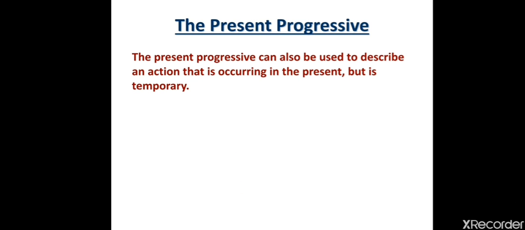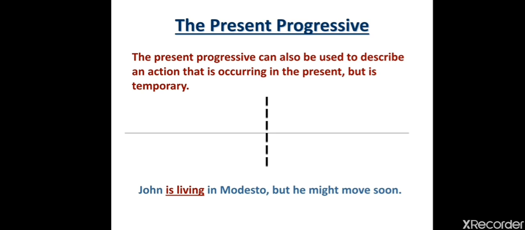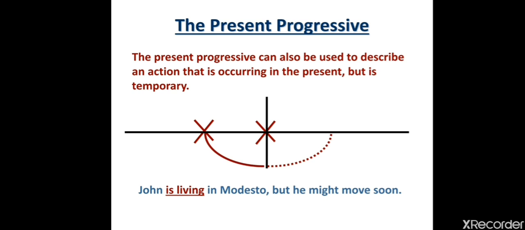Again, there is another situation where we can use present progressive. It can also be used to describe an action that is occurring in the present but is not temporary. For example, John is living in Modesto, but he might move soon.